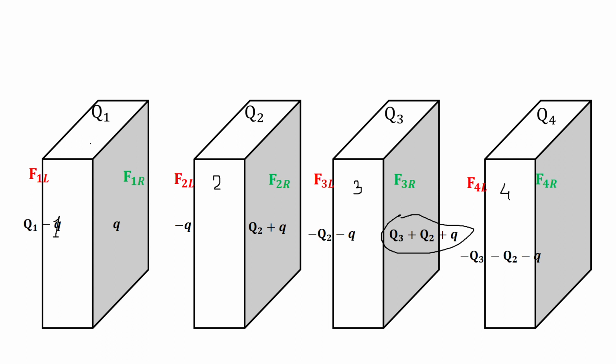Therefore on the fourth plate's right face the charge that will appear is Q4 plus Q3 plus Q2 plus Q. Now if we add these two, because the fourth plate is also an isolated conductor, total charge has to be Q4. So when we add these two, that is Q4 plus Q3 plus Q2 plus Q, and then minus Q3 minus Q2 and minus Q, we will get a charge Q4 on the fourth plate.